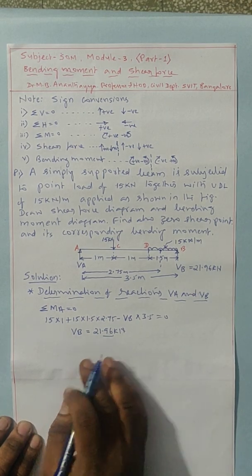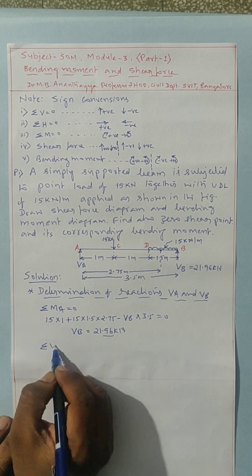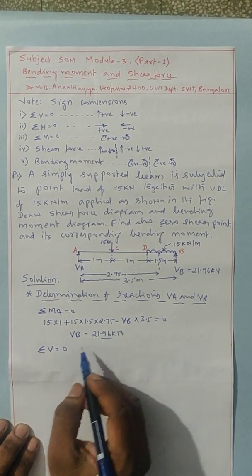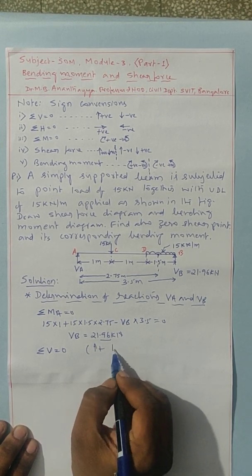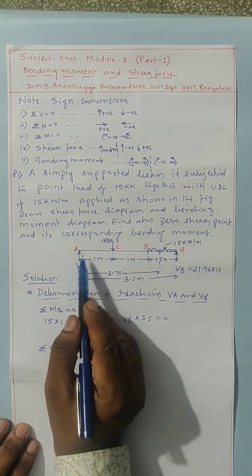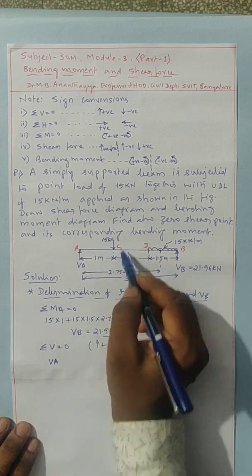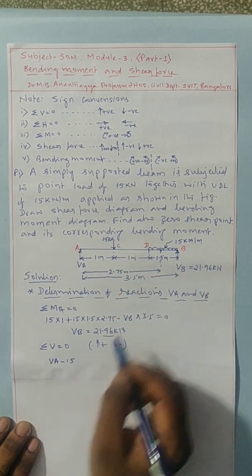Now, we calculate VA. How? The next equilibrium condition is that the summation of all the vertical forces should be equal to 0, treating upward forces positive, downward forces negative. VA is an upward force, therefore I am taking it as VA. The 15 kilonewton is a downward force, therefore minus 15.